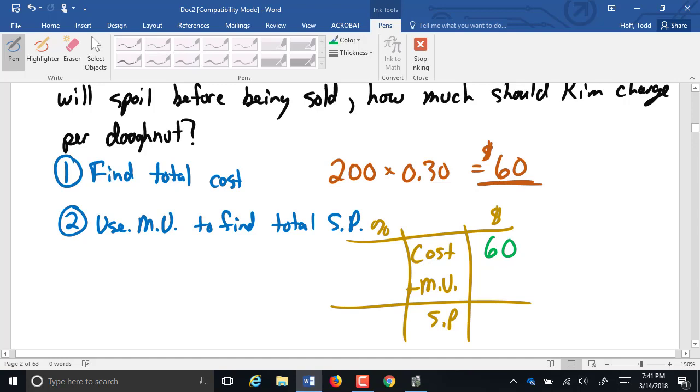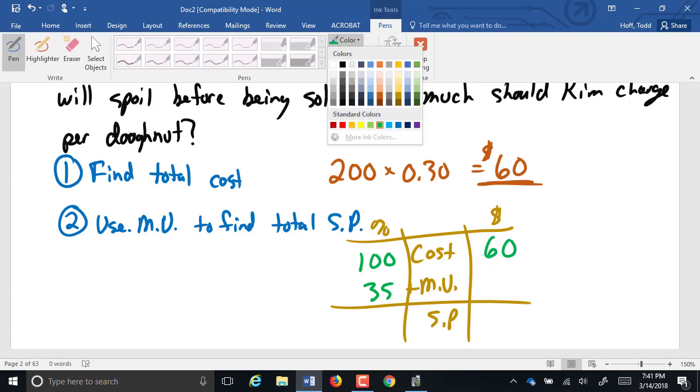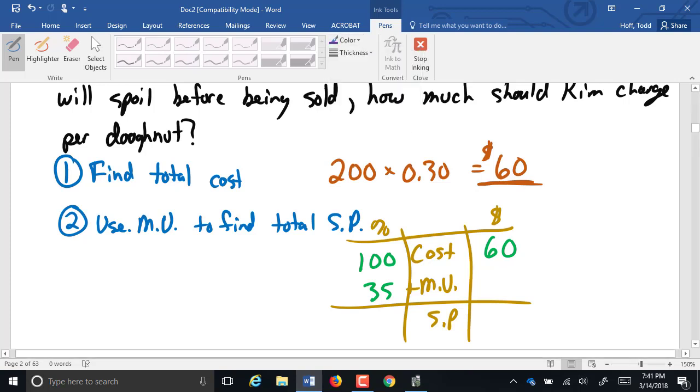What was our percent markup required here? 35% markup on cost. So the 100 goes in the cost. Now we can always fill in the third number on the percent side. What's this going to be? 135, correct?